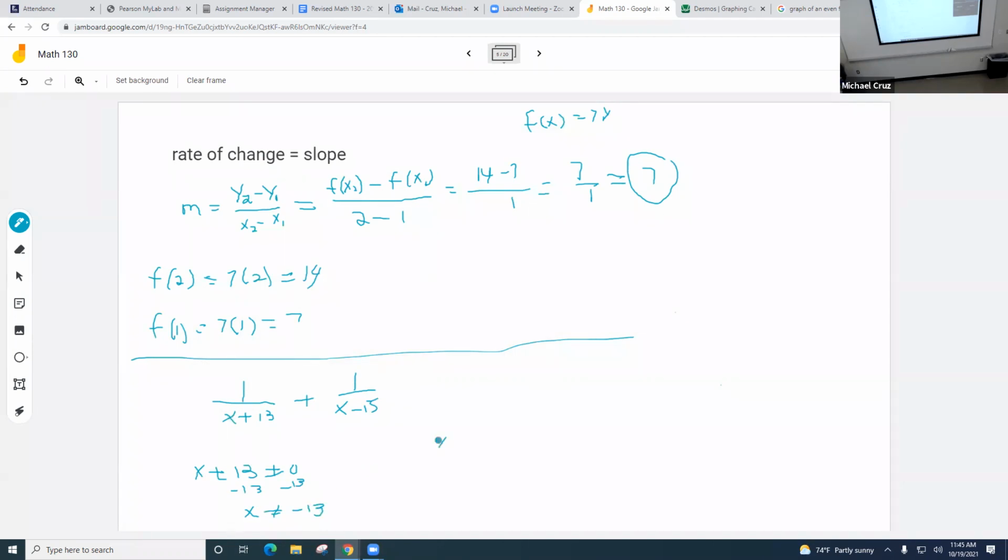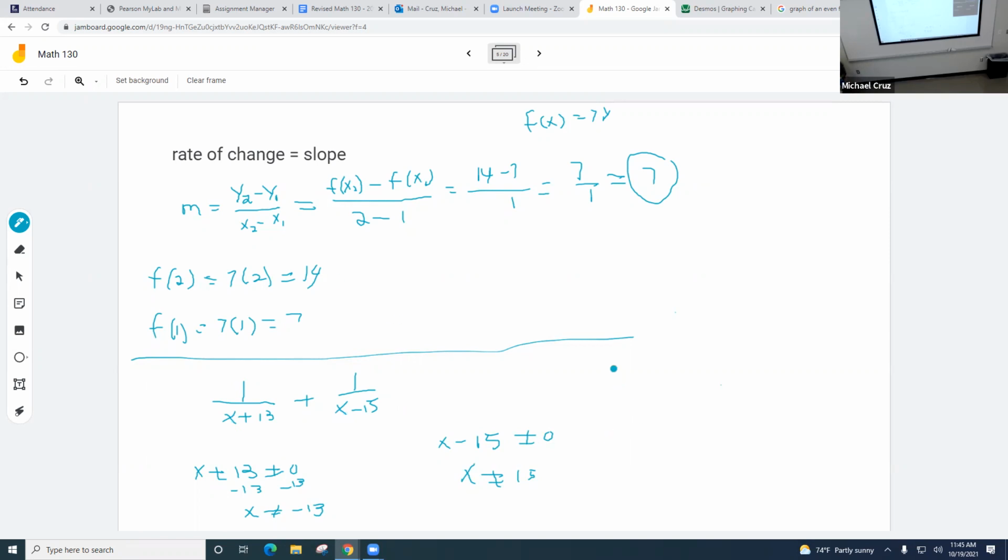And the same thing with this one: x minus 15 can't be equal to 0, so x can't be equal to 15. Because if this is negative 13, then it's going to collapse into an undefined statement. If this side is 15, then it's going to collapse that side into an undefined statement.